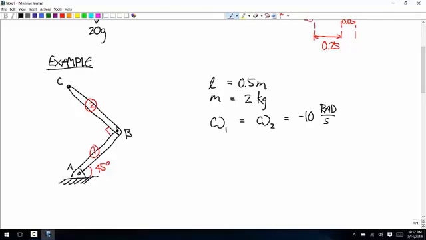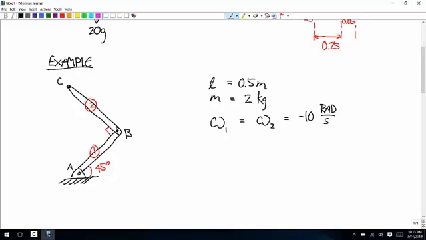Yeah, well, just remember that angular velocity always is in reference to the ground. So this isn't going 10 radians per second relative to this. Somebody resting on member 1, watching member 2, thinks that it's still, because those are both measured relative to the ground. Okay.